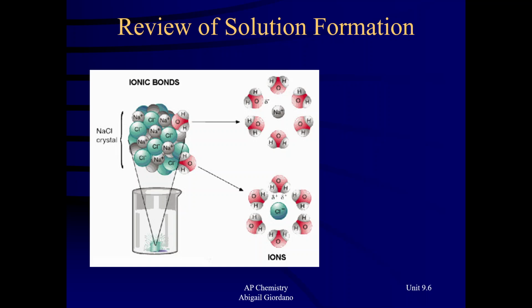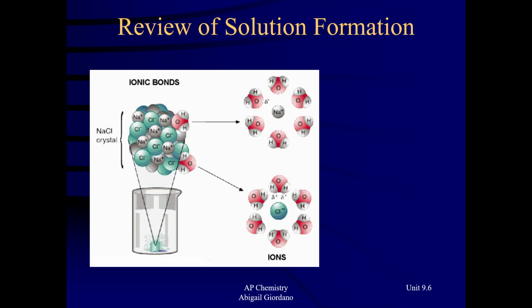What is physically happening during the process of dissolution, or formation of a solution? In this graphic, we have sodium chloride as the solute, and water is the solvent. And if you'll recall, this process of dissolving occurs in 3 steps. Step 1 is breaking apart the solute.